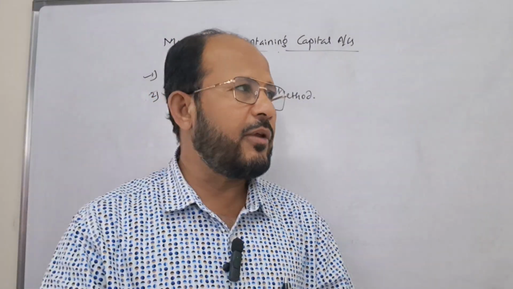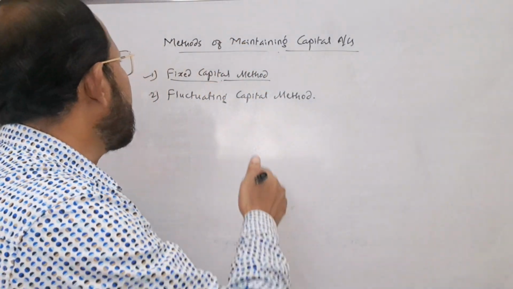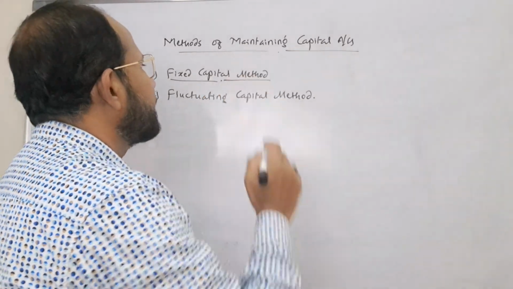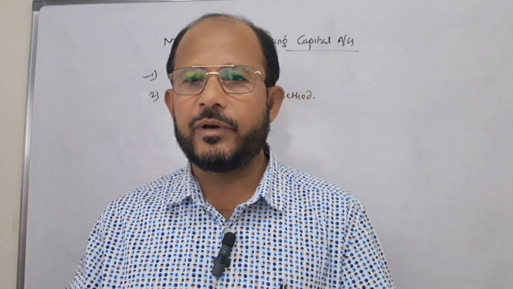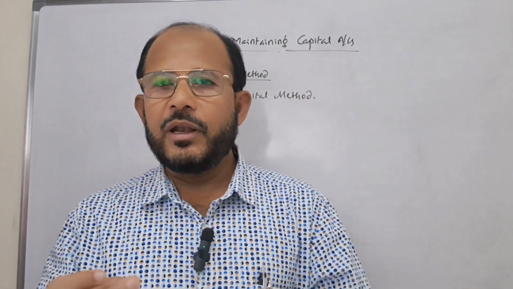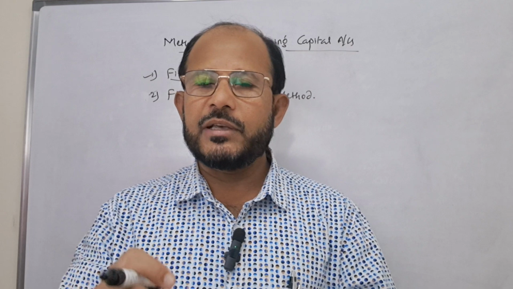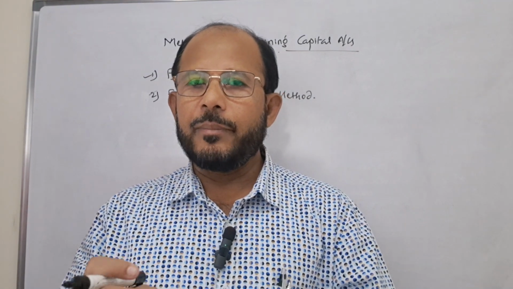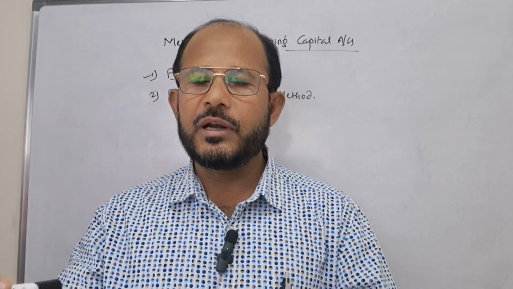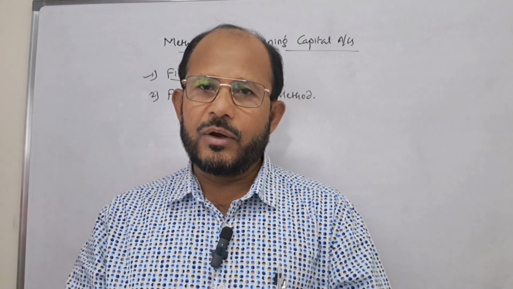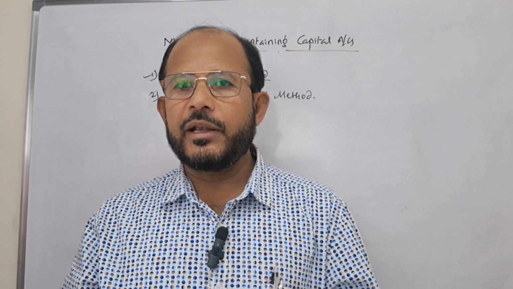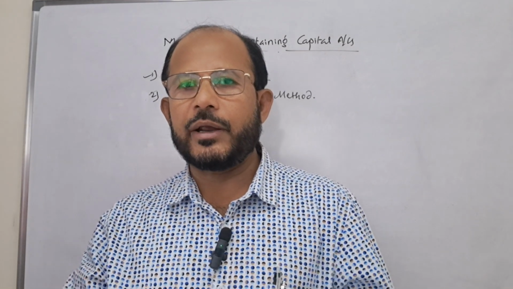Okay, let us study in brief both the methods. First one is fixed capital method. What is the meaning of a fixed capital method? As the name itself indicates, whenever a partnership business is commenced, a capital account in the name of each and every individual partner is opened. In that capital account, all the entries relating to that particular partner are recorded.